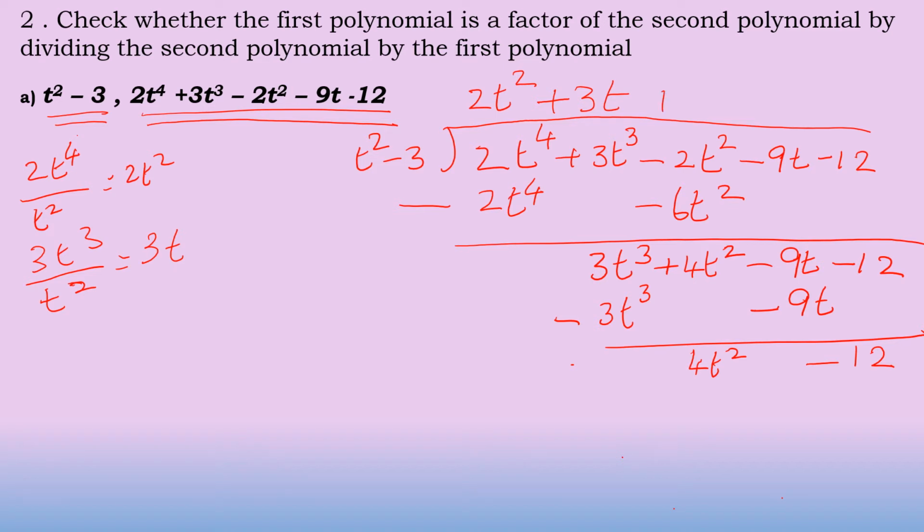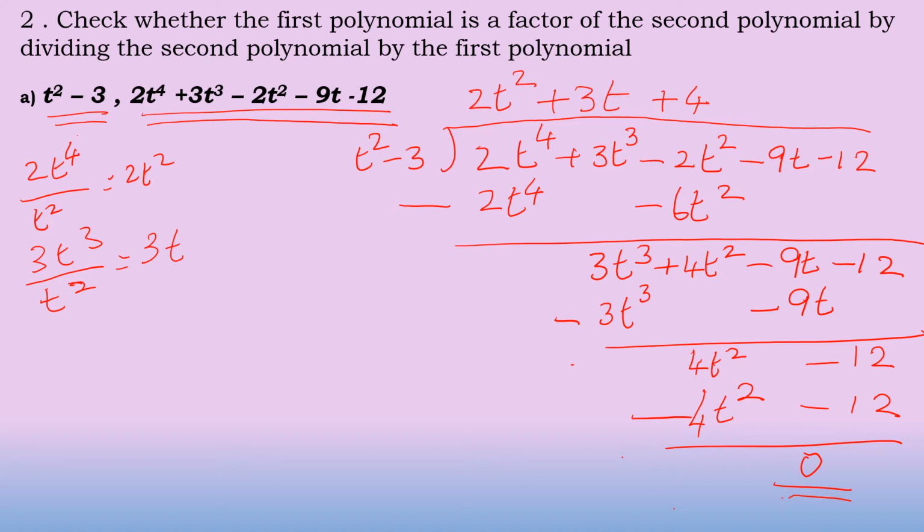So you can write here plus 4. 4 into t square will be 4t square. 4 into minus 3 will be minus 12. So when you subtract, you get the remainder as 0. As we can see, the remainder is left as 0.